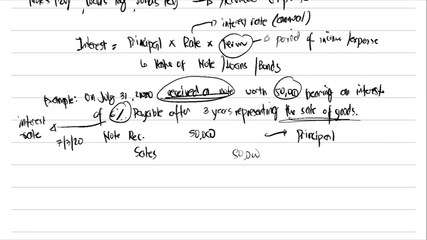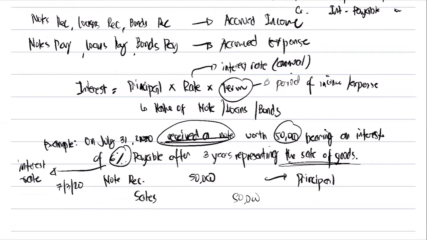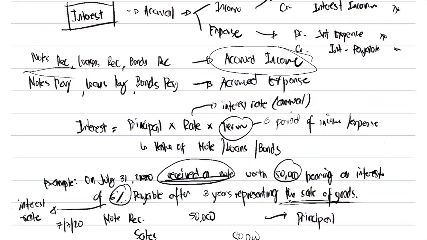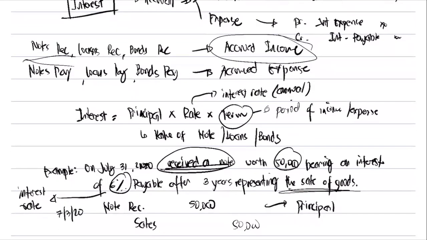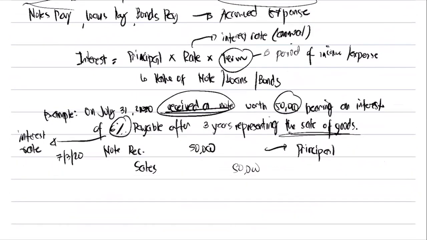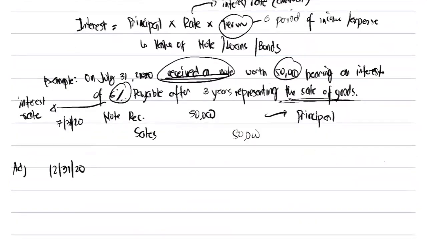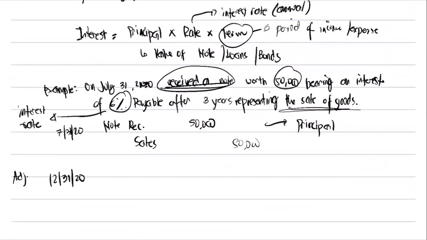Okay. Of course, guys, since this is a note receivable, what do we have after? Accrued income. So that is for our interest accrued income. So July 31. We proceed now. Let's say it's December 31, 2020. We will make our adjusting entry. So to compute for our adjusting entry, we have an interest income. Why interest income?